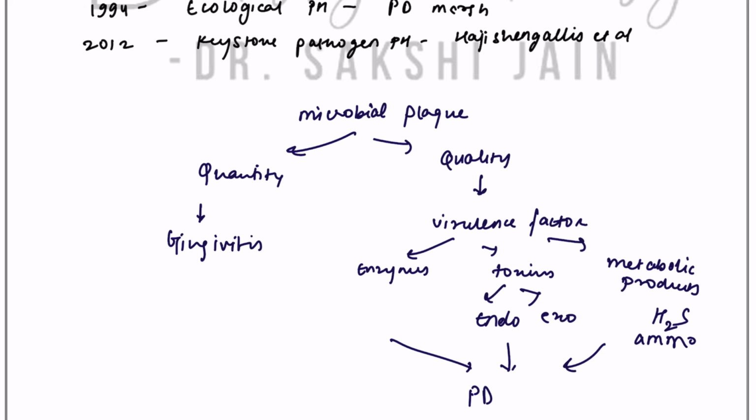Many patients can have plaque, calculus and gingivitis, but periodontal destruction is seen in only some cases, and that too in specific sites. That is explained by the specific plaque hypothesis, that not all patients will have periodontal destruction even if they have plaque.